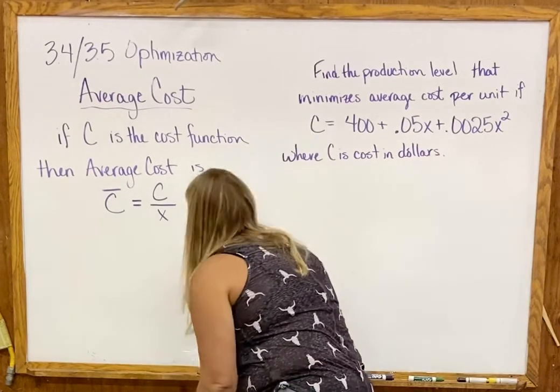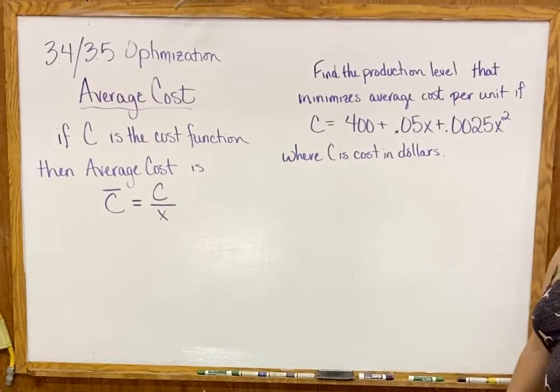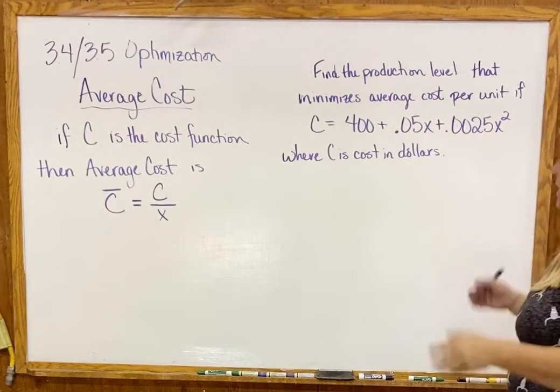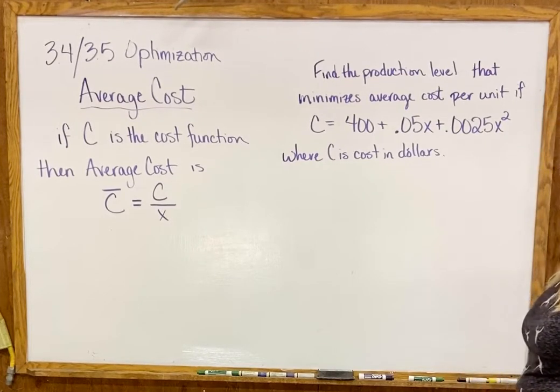Okay, so we want to find the production level that's going to minimize the average cost. So how many of whatever these things are we going to produce to get a minimum average cost?